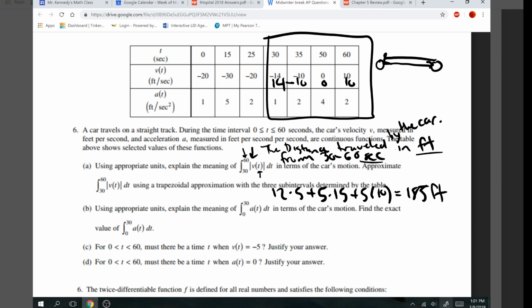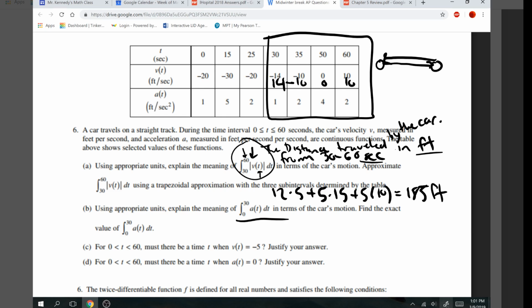All right, second one. Using appropriate units, explain the meaning of this integral, the integral from 0 to 30 of a of t dt, in terms of the car's motion. The integral from 0 to 30 of a of t dt is the change in velocity. Just like in our first integral, it was the change of position because we were integrating velocity.